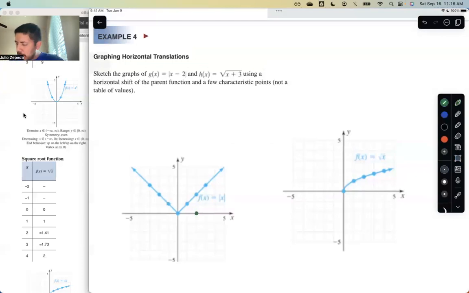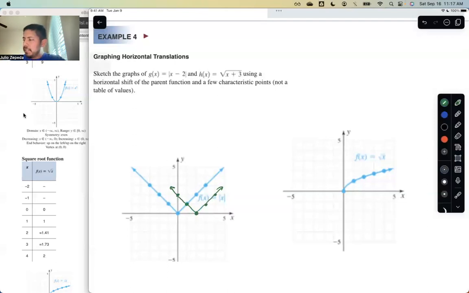And then I go right 1, up 1, right 2, up 2. From the vertex, left 1, up 1, and from the vertex, left 2, up 2. And I've graphed. Notice I didn't do any calculation there. And again, if I knew the function in my head, I don't even have to graph the basic one.